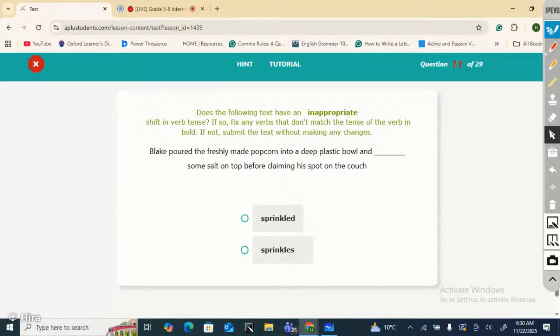Well, some of you are saying it's sprinkles. Have you read the sentence and the first verb that is used? It is made. Blake poured the freshly made, poured, sorry.